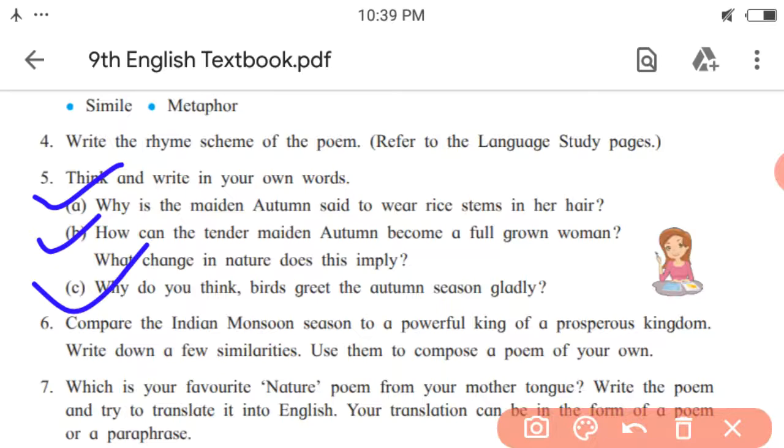It is the season of comfort, and also there is a lot to eat for the birds, especially grains, so they greet the autumn.